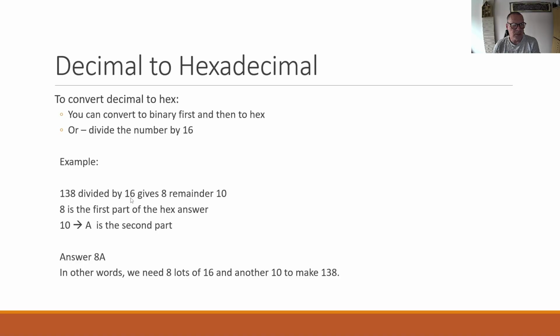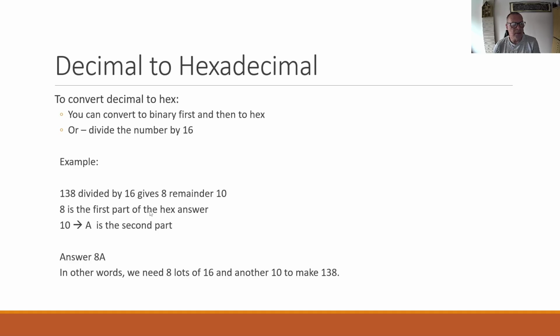So in this case, 16 will go into 138 8 times and leave a remainder of 10. This is the first part of the answer, 8 lots of 16, and this is the second part, 10, which we would store as A in hexadecimal. So we put those together and we get 8A. In other words, 8 lots of 16 plus another 10 will give you 138.